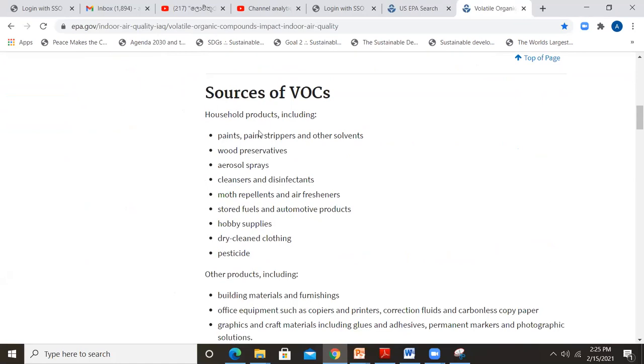Read this. Paints, even paint removers, even your Q-Tex, sometimes the girls are using. Removing Q-Tex, the chemicals you are using, VOC. Paint strippers and other solvents, aerosols, even your dry cleaned shirts and dresses also contain VOC, that's bad.